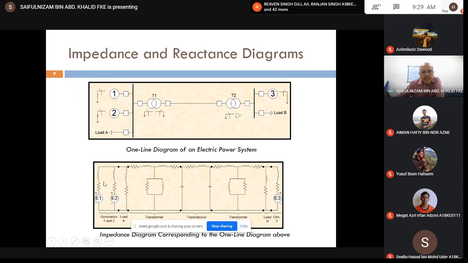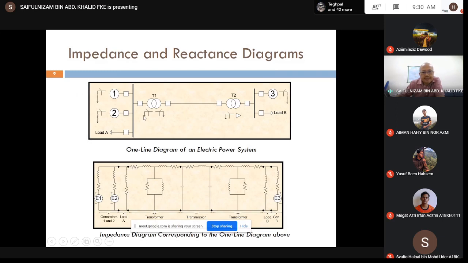This is for generator 2. And this is the bus bar, the reference. Normally the reference is at the lowest part. This is the reference bus bar.